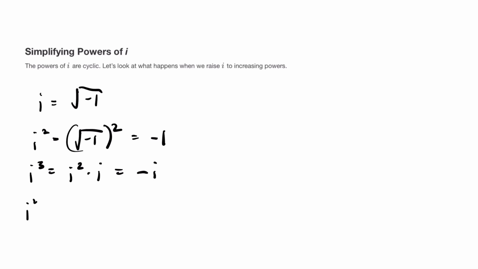And then i to the power of 4. That's the same as i squared times i squared, which is -1 times -1, which is just 1, right?